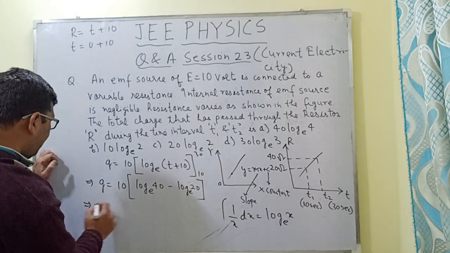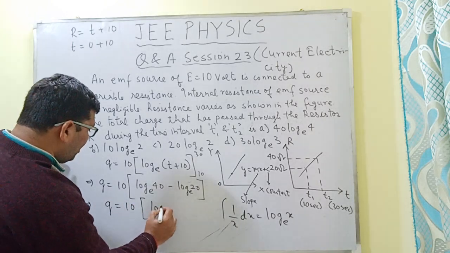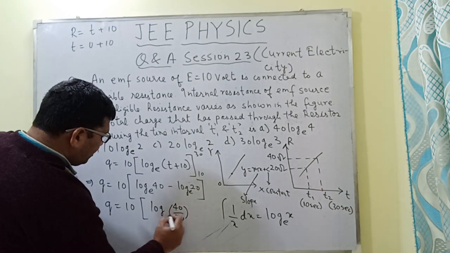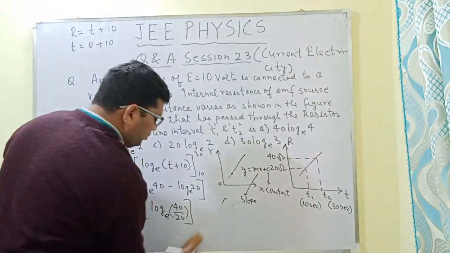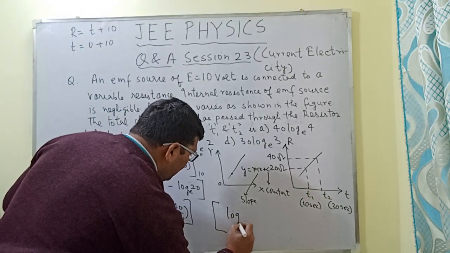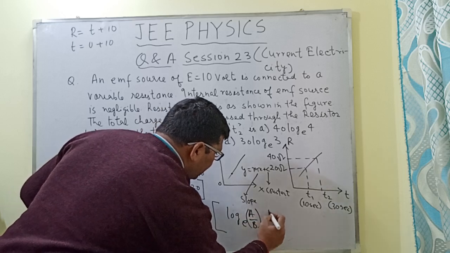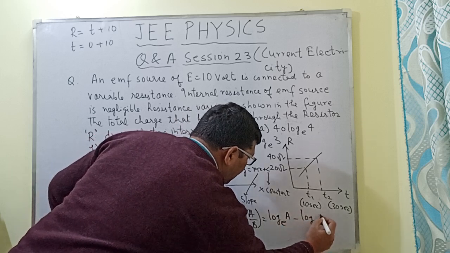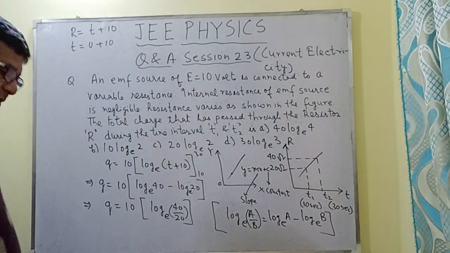And it implies that q is equal to 10 times log of 40 by 20 to the base e, because we know that log a upon b to the base e is equal to log a to the base e minus log b to the base e. So I have used this formula in order to solve this equation.